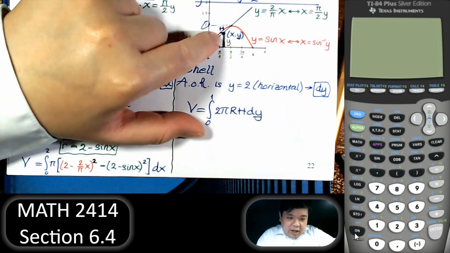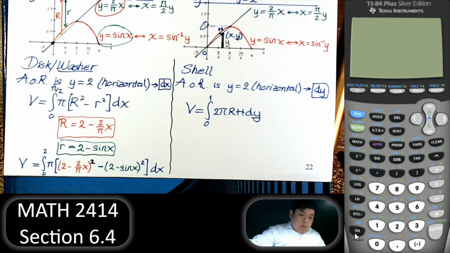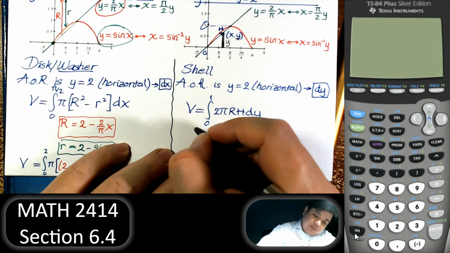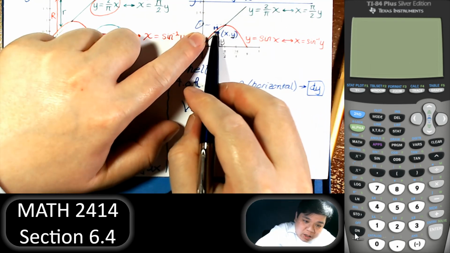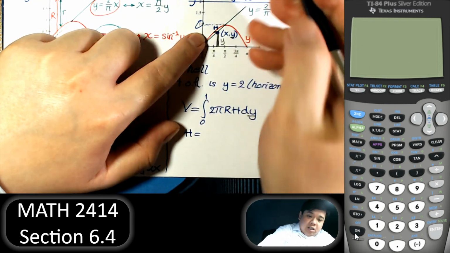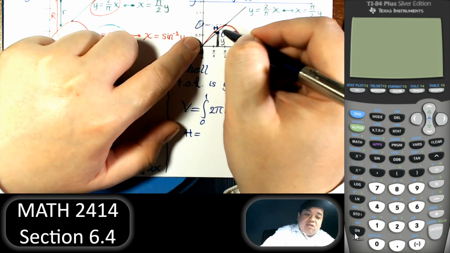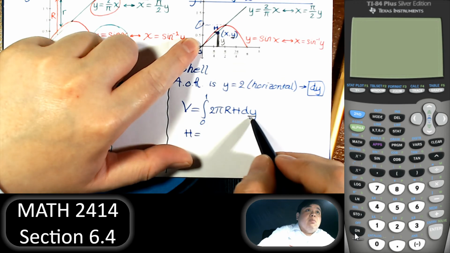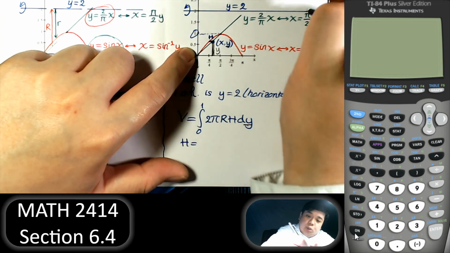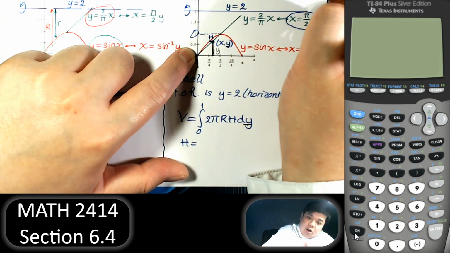So that is y and that is h. So h is the difference between the function on the right, the line, and the function on the left, the curve, in terms of y though. So we have to use the function in terms of y.